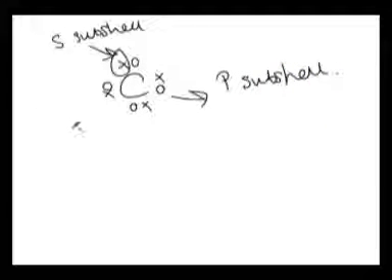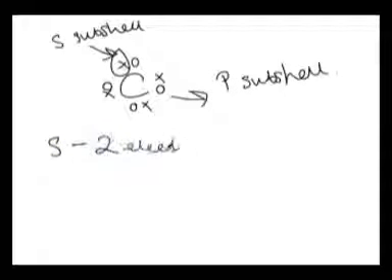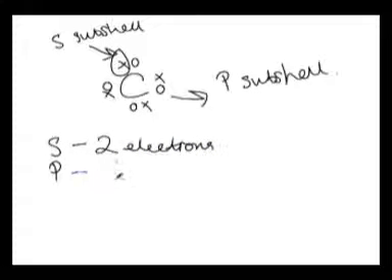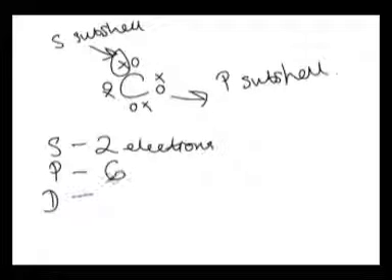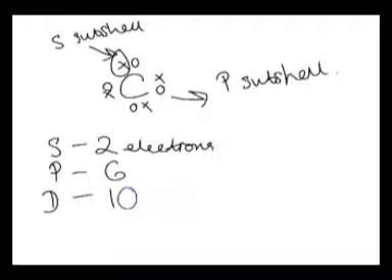Now, just to remind you, S subshells can have a maximum of 2 electrons, and P subshells can have a maximum of 6, and D subshells, which are not relevant in carbon but it's still useful to know, can have a maximum of 10 electrons when bonding.